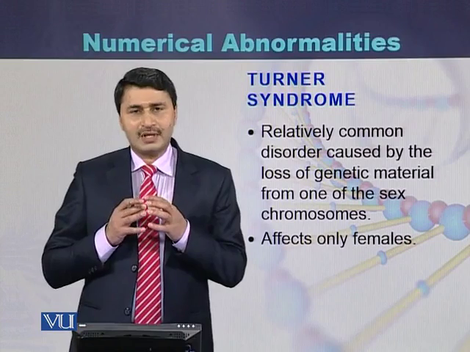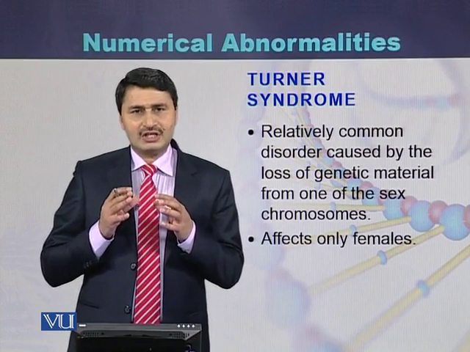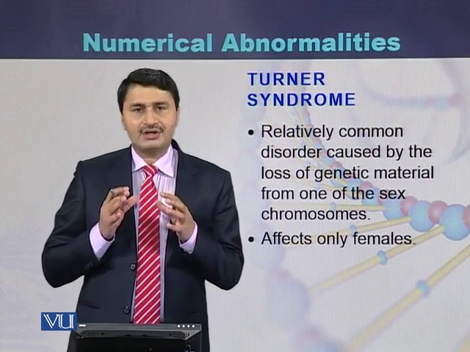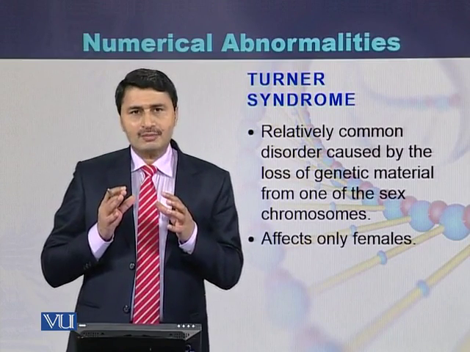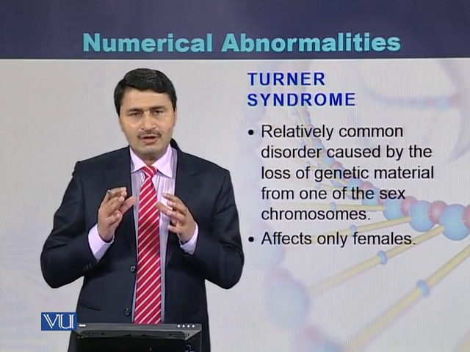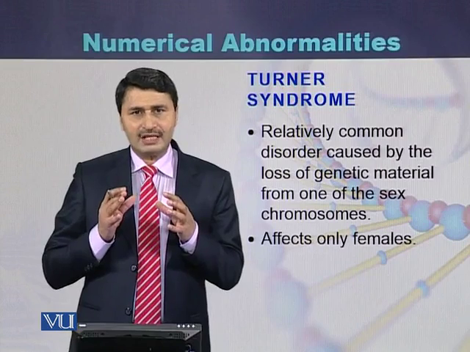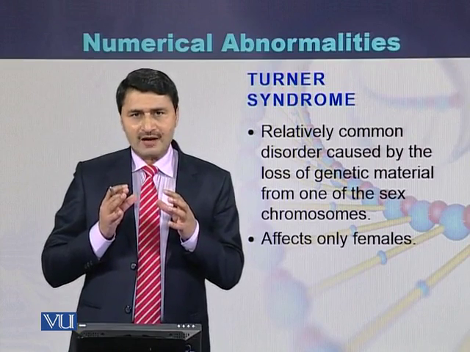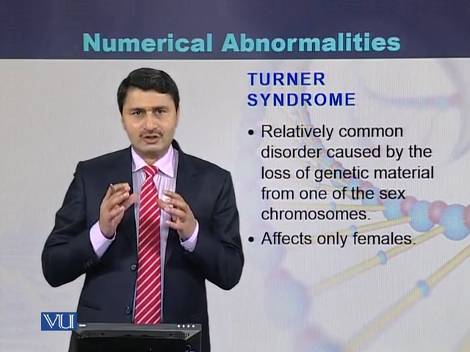The second example of the numerical changes in the chromosomes is Turner syndrome. Turner syndrome is another syndrome which is found in females, that is due to the variation in the sex chromosome.